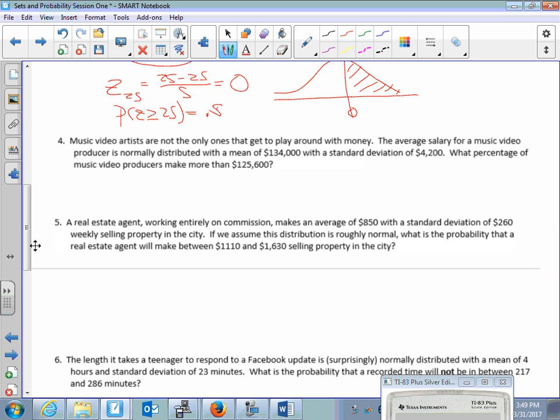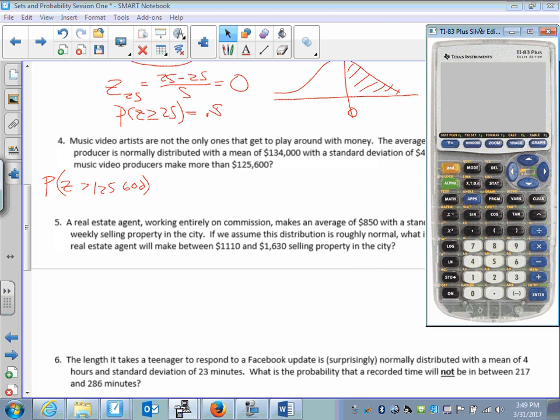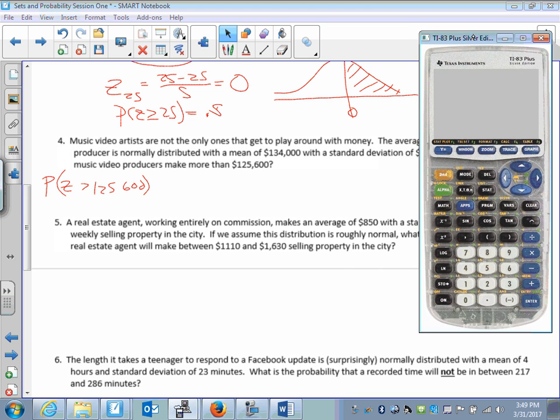All right, let's do this. We want the probability that z is greater than the z-score of 125,600. So first of all, we would compute the z-score of that value. Now let's pull the calculator up here.